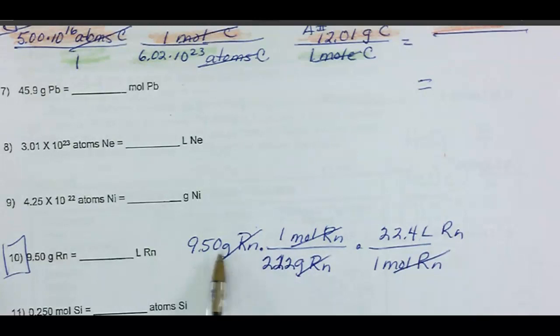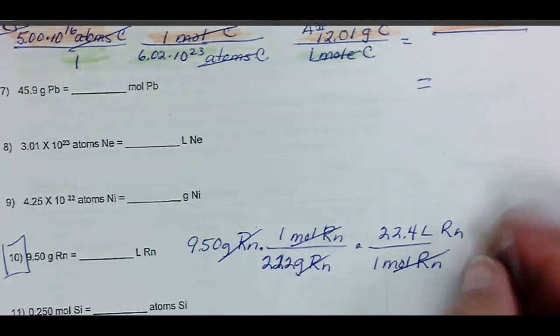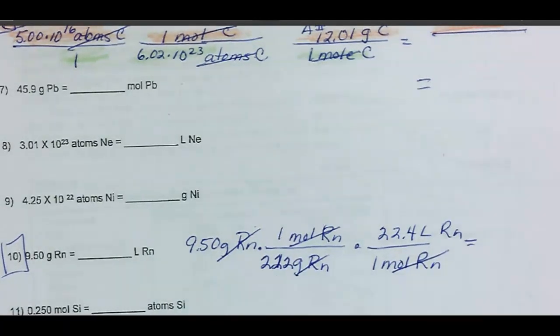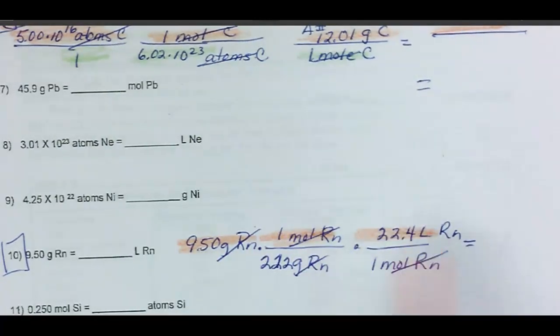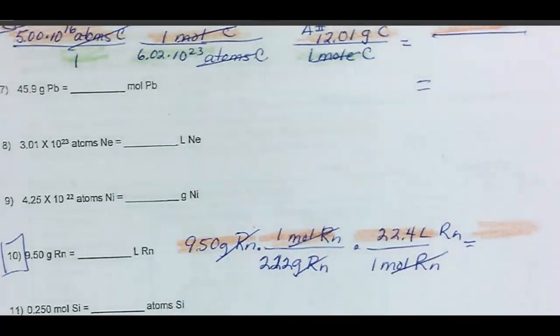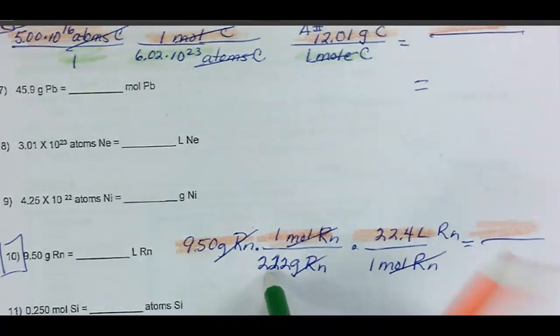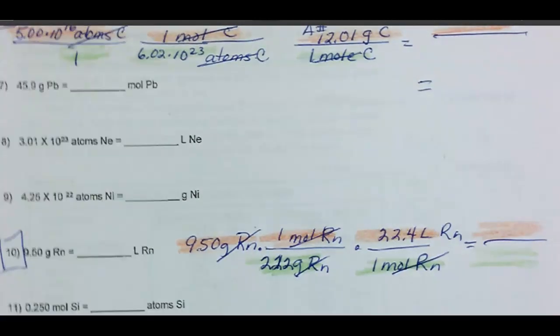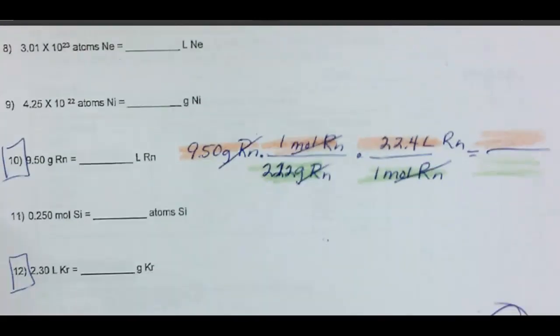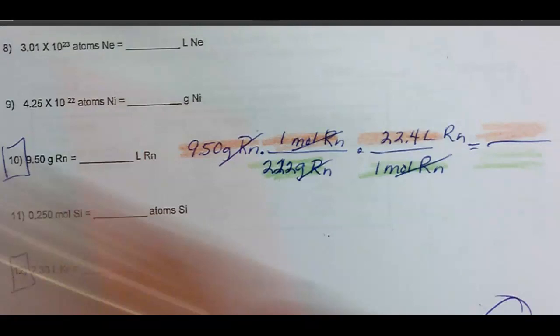So even though I had grams, I use my periodic table, and number 86 is 222. And just to remind you, numerator, numerator, numerator, all multiply together. Denominator, denominator, denominator, all multiply together. And then try 12.